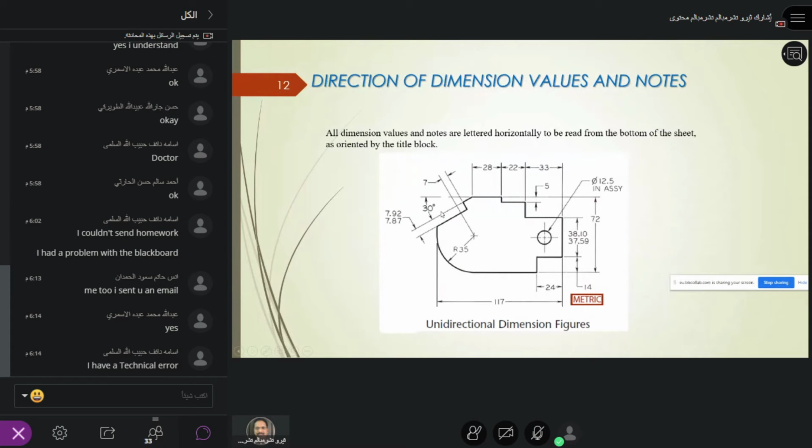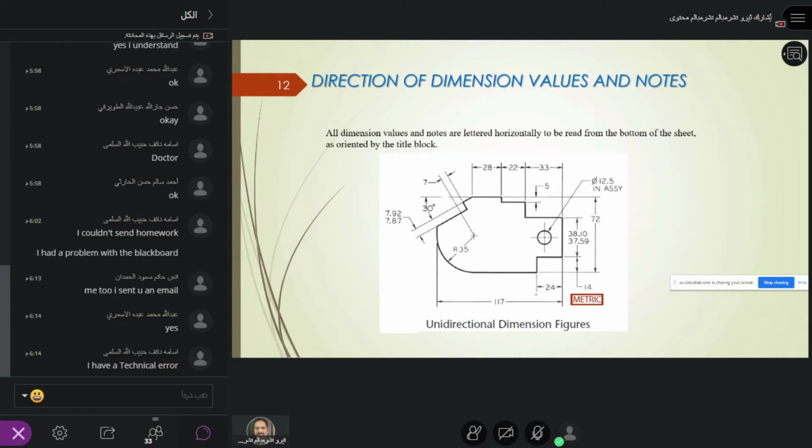Okay, so now you see the dimension values and notes are lettered horizontally. This is a good example of how to make the dimensions. Let's see one by one. You see, the biggest dimension is at the bottom, and it is preceded by the smaller dimension.